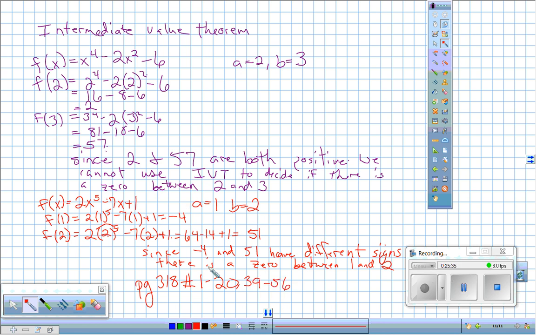The first few will be graphing, graph matching, and saying a few different things, so most of 1 through 12 should not be very hard at all. For 13 through 20 you'll actually have to graph. For 39 through 46 you'll have to do this intermediate value theorem. And for 47 through 52 you'll be graph matching. And then I just want you to do some skill maintenance, solving some stuff on 53 through 56.